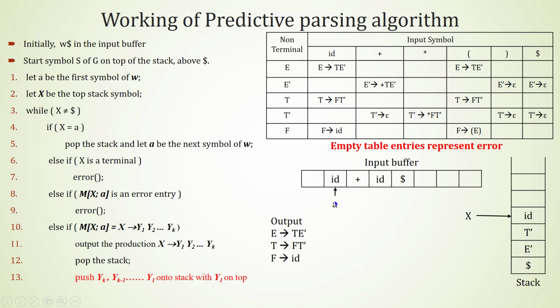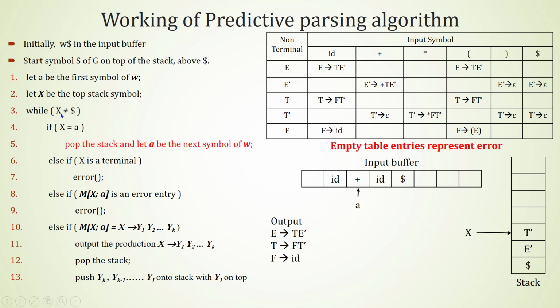We have to move this pointer towards the right. So that symbol is popped out and the pointer A moves towards the right. Since it is else if, the remaining things will not execute.